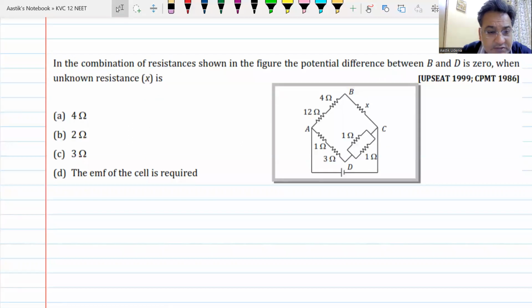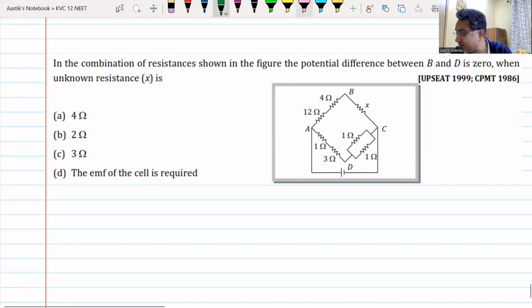In the combination of resistance shown in the figure, the potential difference between B and D is zero. Where is B? B is here. Where is D? D is here. What is the value of the resistance X?